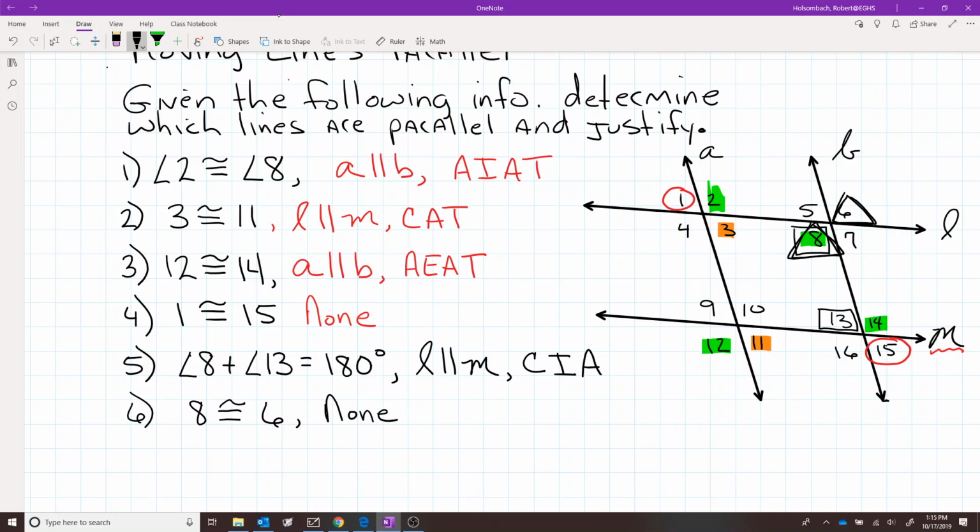Alright, next example we're going to do is on page 209, up towards the top. It says standard test example 2. And here are the directions.